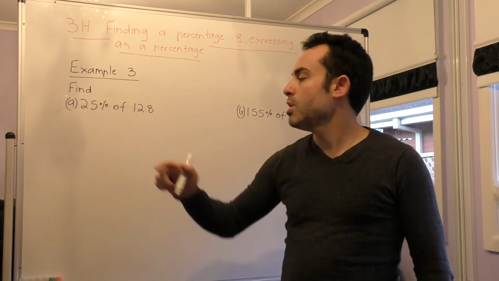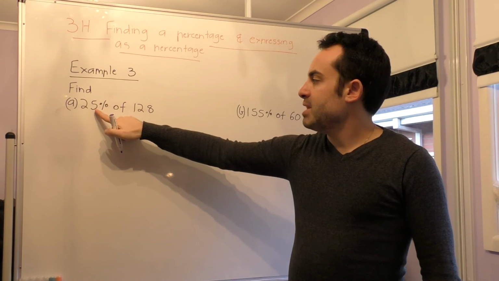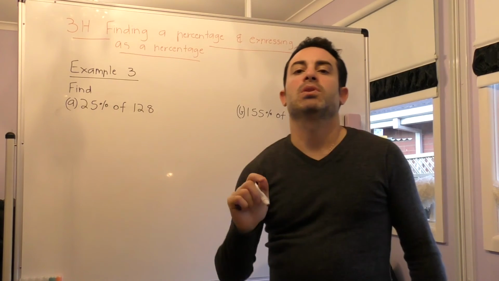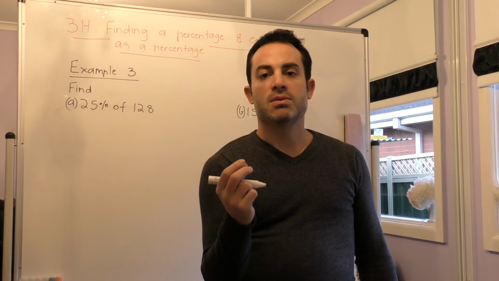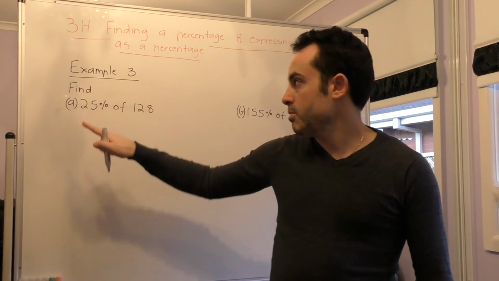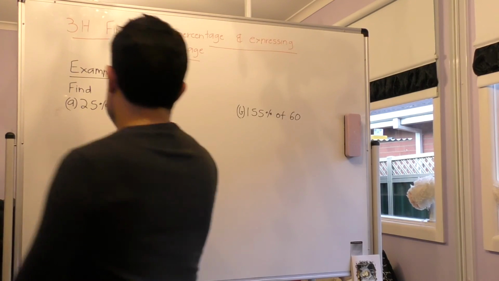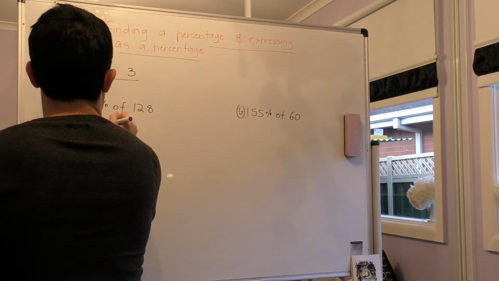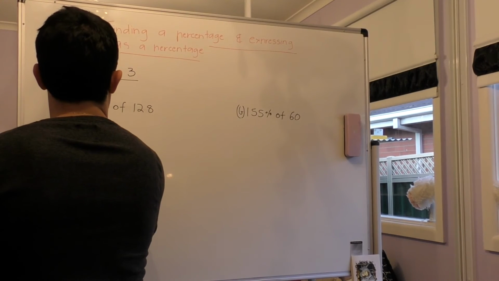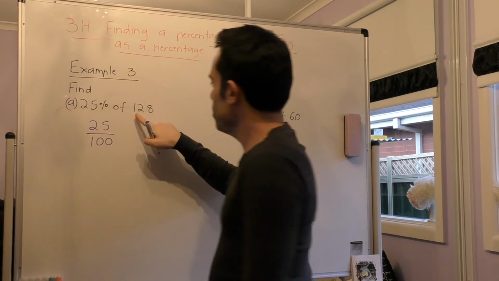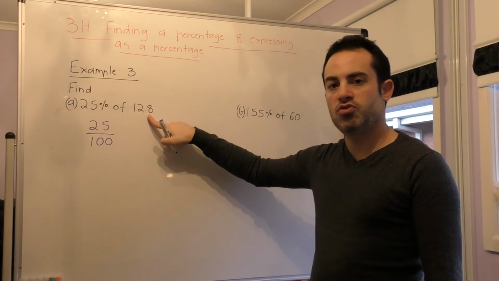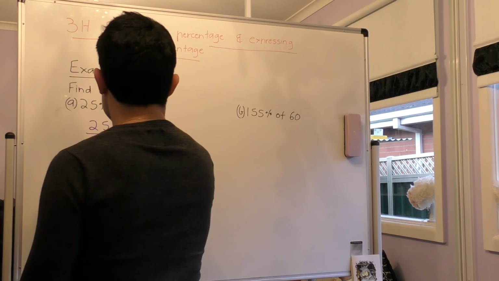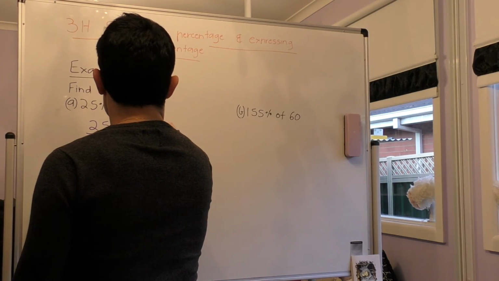Whenever you're asked to find the percentage of a number, the first thing you do is divide your percentage by 100. So we're going to divide 25 by 100, writing it as a fraction, 25 over 100, and then we're going to times it by 128. That's the method that you use.